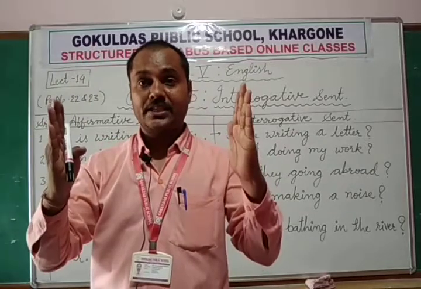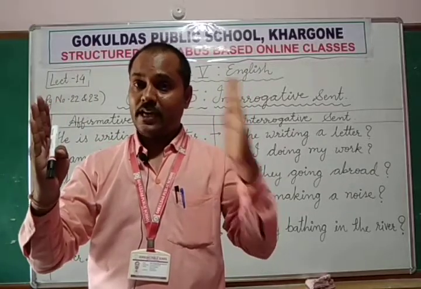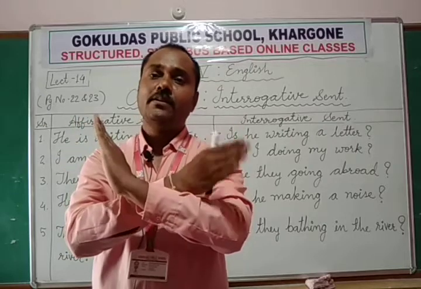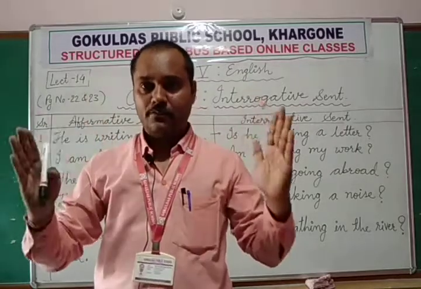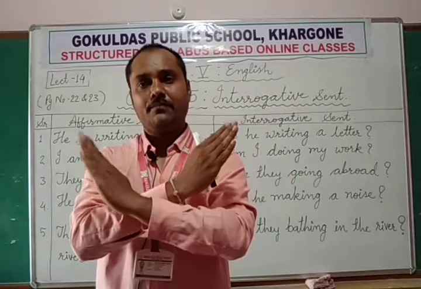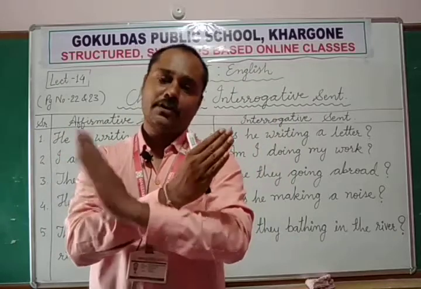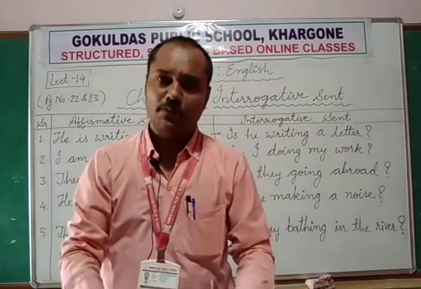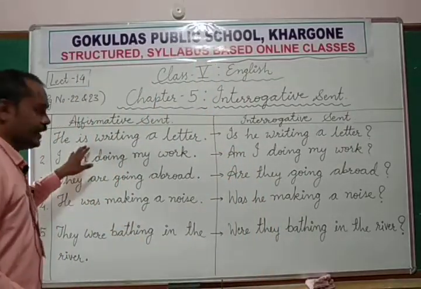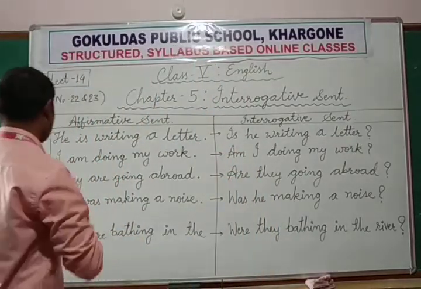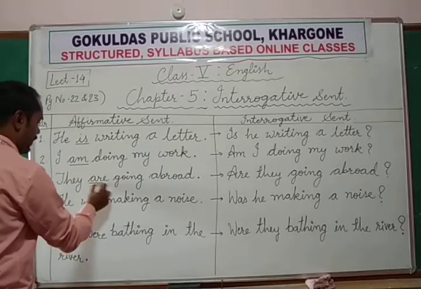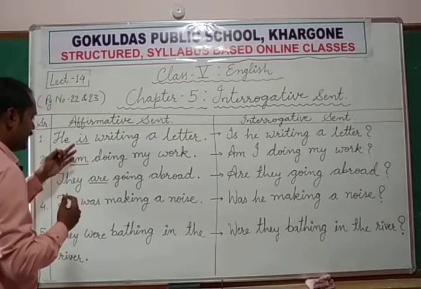That is, just exchange the subject and the helping verb. First the helping verb, then the subject placed in the second position. Simple. Just like that, the helping verb is already given. Here he is the subject, here I is the subject, they is the subject, with is, am, are.